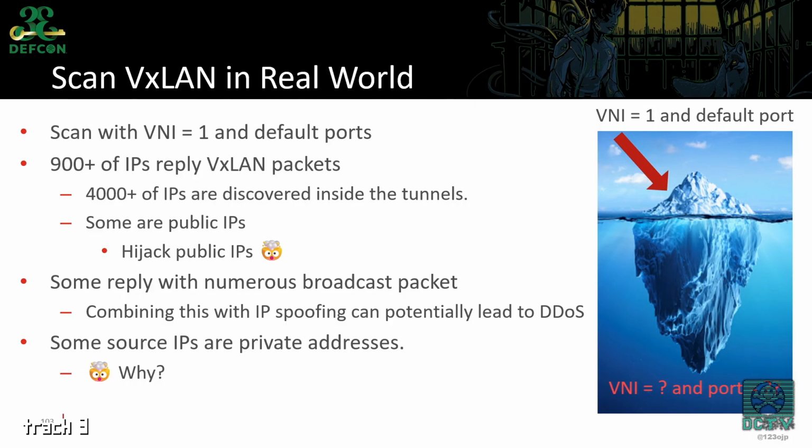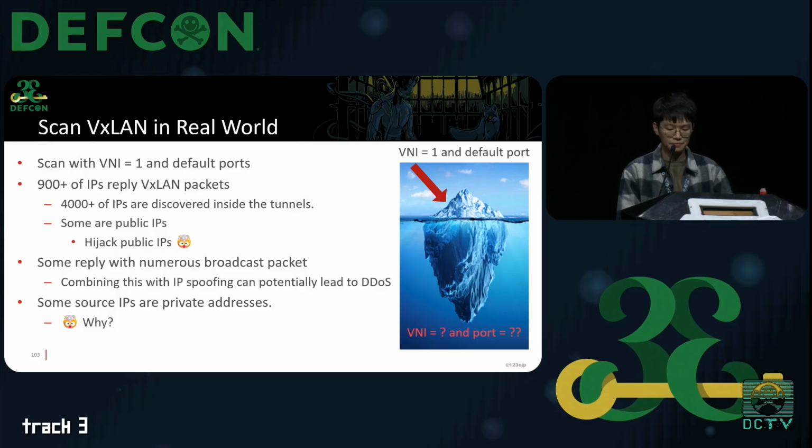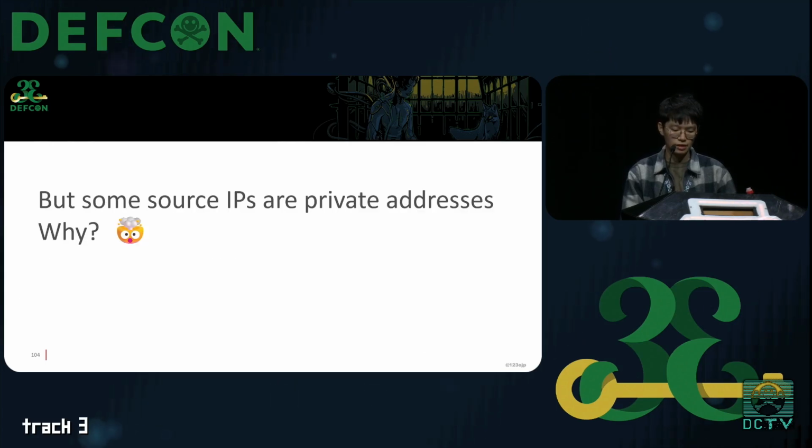Additionally, some endpoints reply to numerous broadcast packets combined with IP spoofing. This can lead to DDoS attacks. Lastly, we see some VXLAN packets have source IPs that are private addresses. This raises a question: why are private addresses being used as a source IP on VXLAN packets?